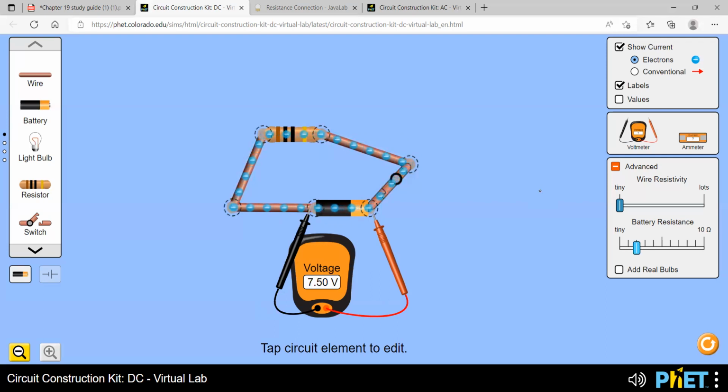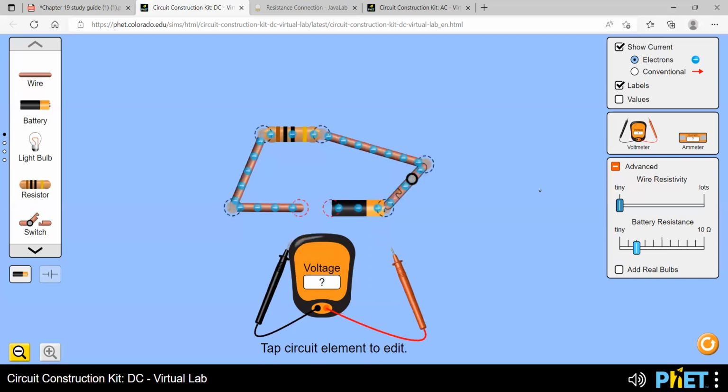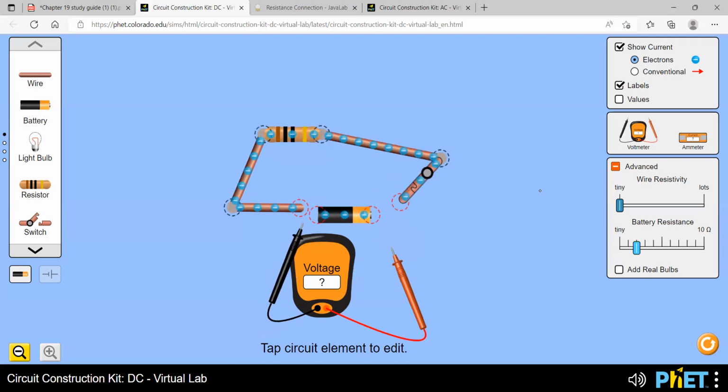Now you see that the battery voltage is 7.5 volt. And if I disconnect it, you will see that again it is 9 volt.